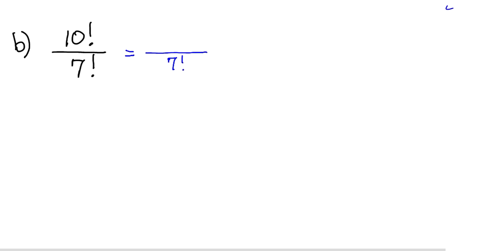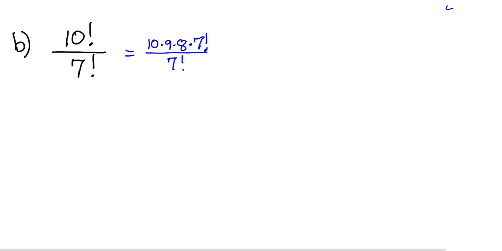But what you can recognize, similar to the previous example, is that 7 factorial is contained inside of 10 factorial. And here's what we're going to do. Instead of writing everything out, we're just going to write 10 times 9 times 8. Stop there. I'm going to write times 7 factorial, because it goes times 6 times 5, etc., etc., until 1.